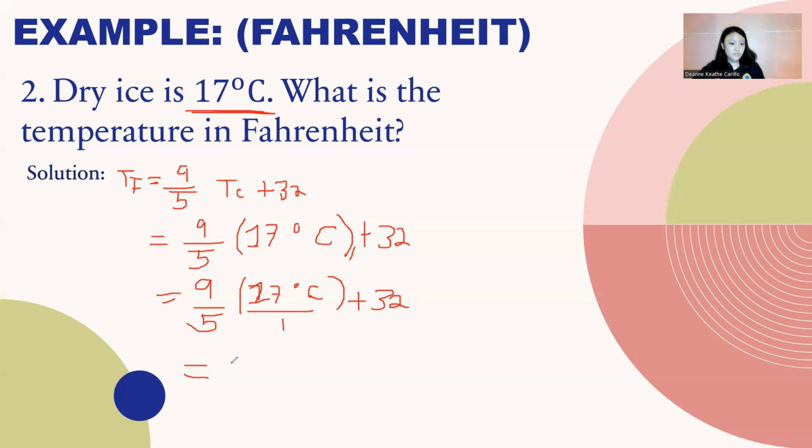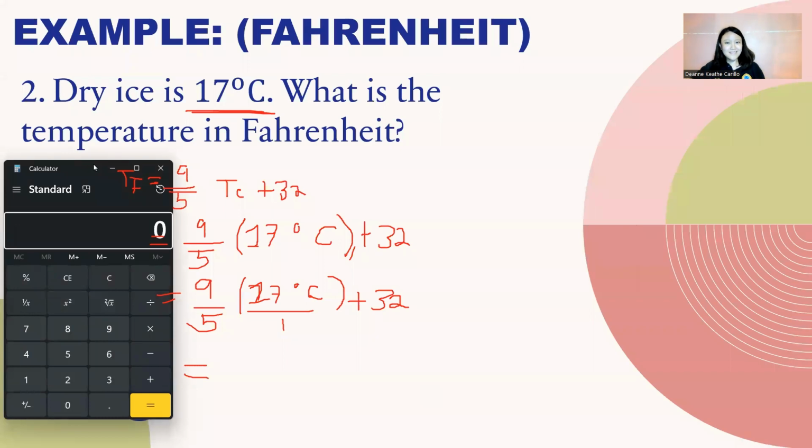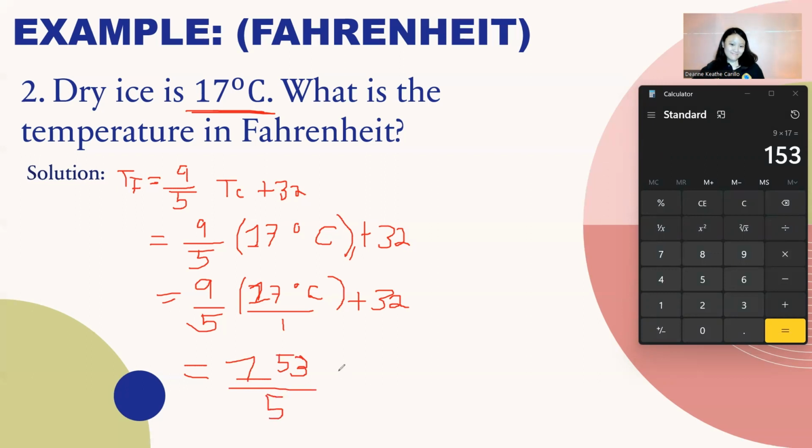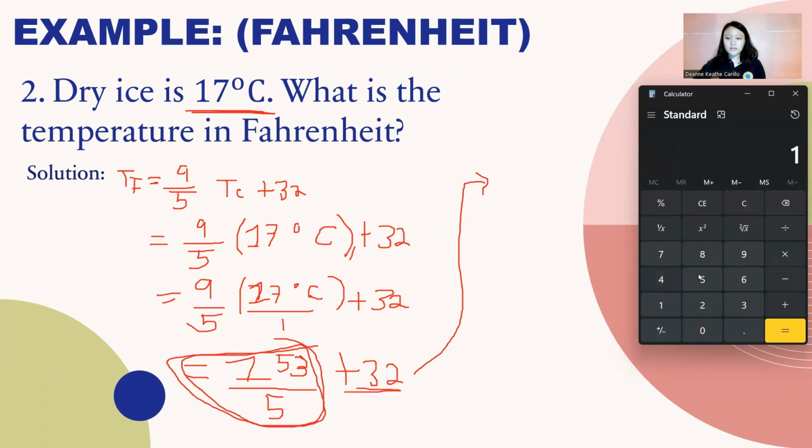Is equals to, let's use our built-in calculator. 9 multiplied by 17 is equals to 153, and automatically 5 times 1 or multiply by 1 is 5 plus 32. Let's divide it. 153 divided by 5 is equals to 30.6 plus 32.